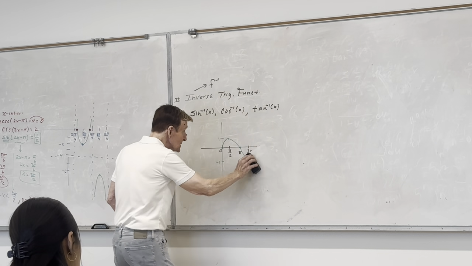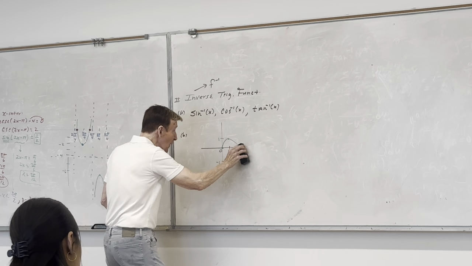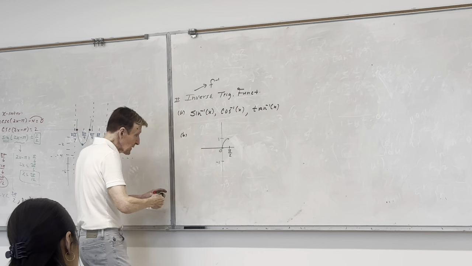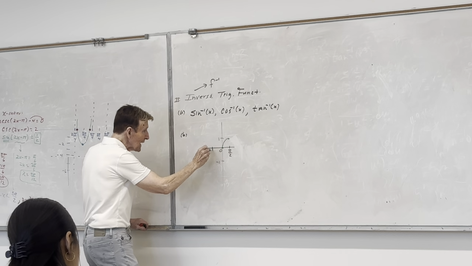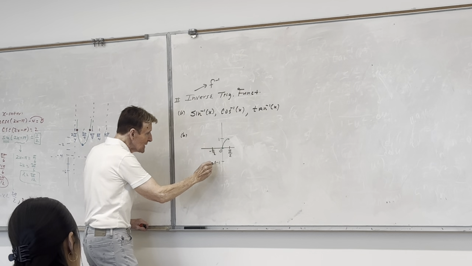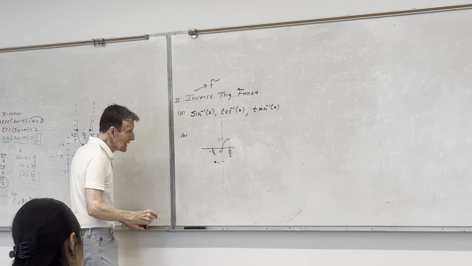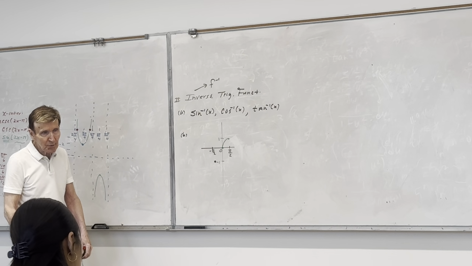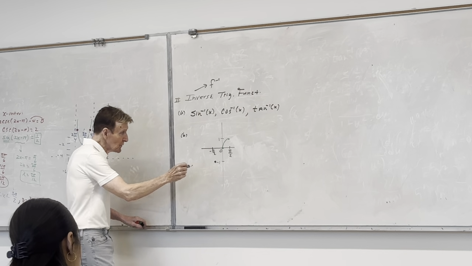I'm gonna erase this, guys. They went over on the other side at negative pi over 2 for a reason, and they're saying that negative pi over 2 sine is down there. They're going to chop off a piece of the graph. So I'm going to do this.